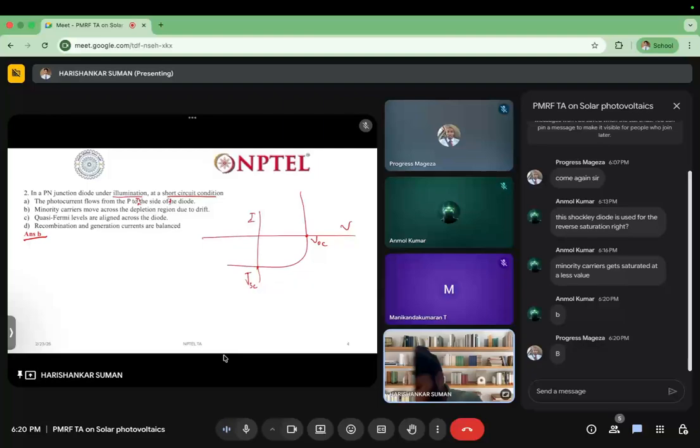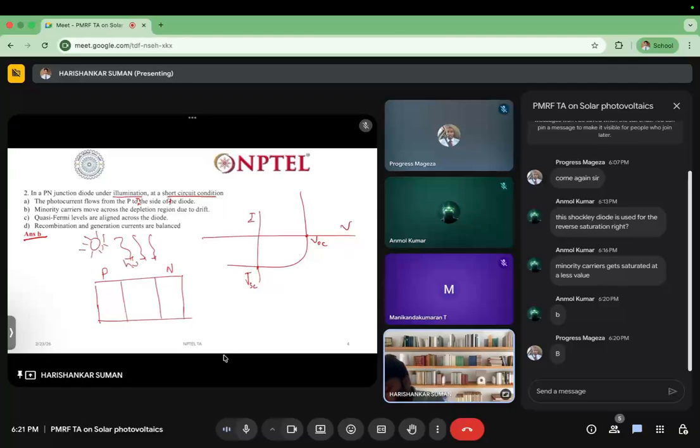Minority carriers move across the depletion region due to drift. Let me explain more. This is P and N, and on illumination, let's say h nu, which is higher than the band gap of this PN diode.